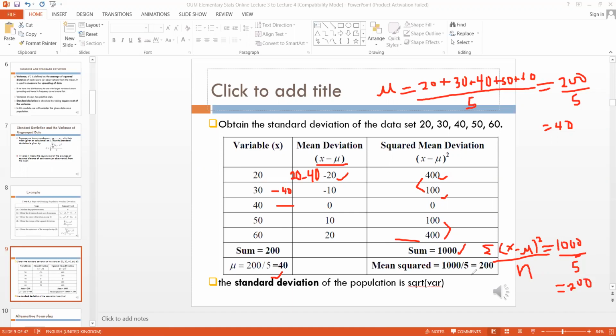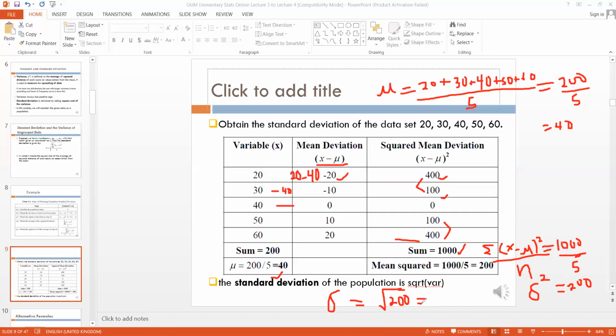That gives us the variance. If we are looking for the standard deviation, all we do is find the square root of the variance, which is the square root of 200.